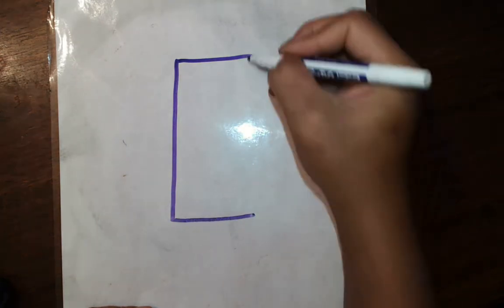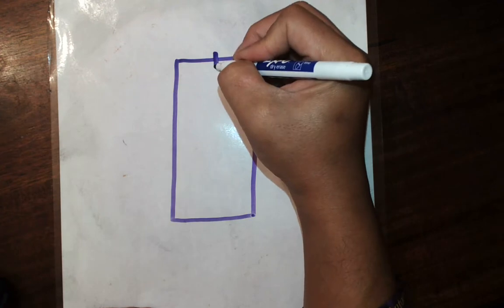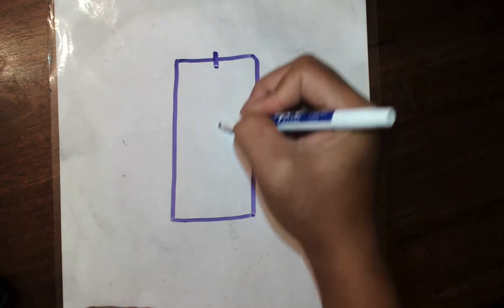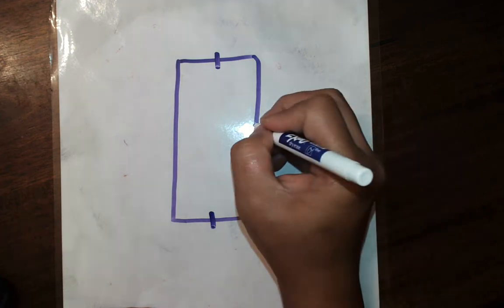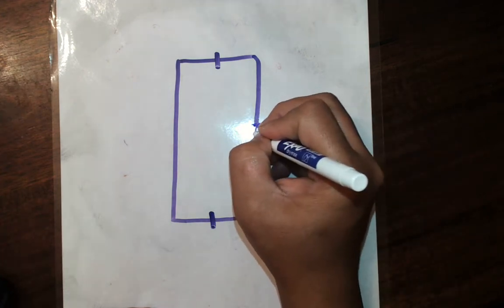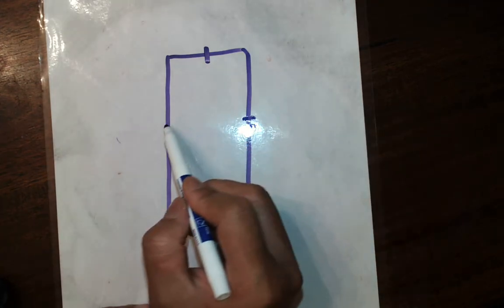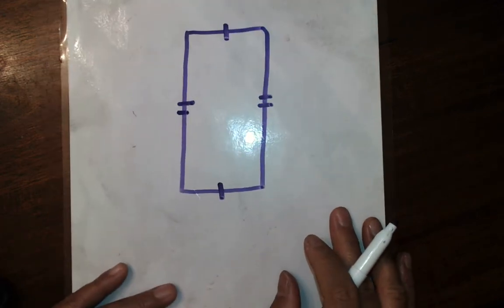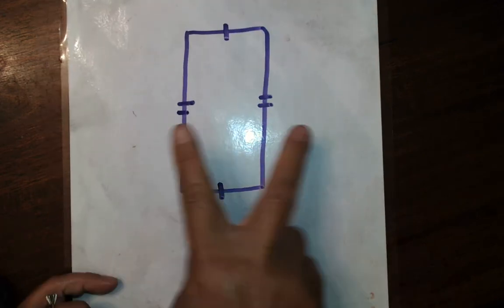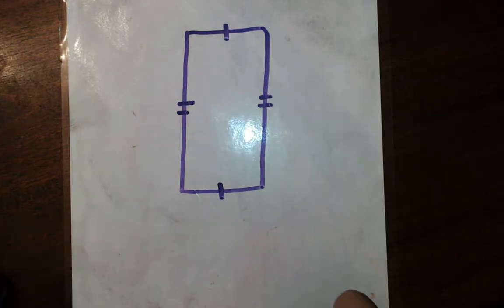Now remember, what makes a rectangle is that the side here is the same length as the side straight across from it. The longer side here is the same length as the one across from it. That's what makes a rectangle: two sides, this side and these sides, are equal to each other.